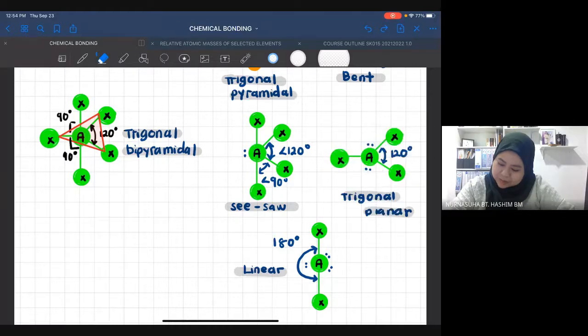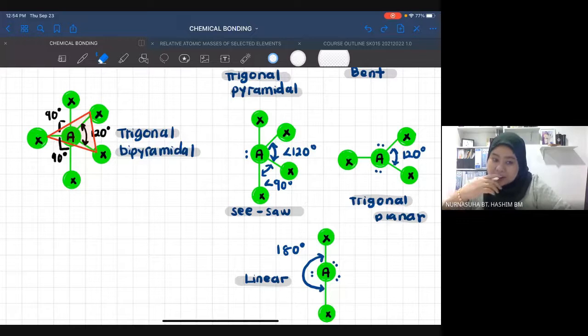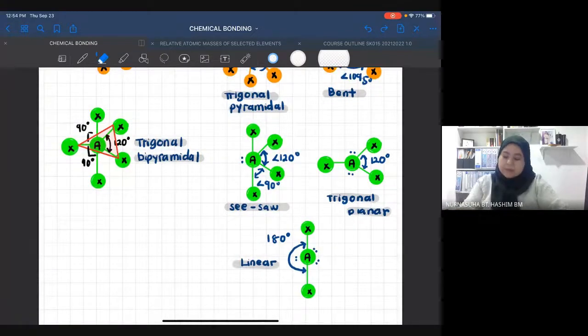Kita akan buang yang 90 degree lah sebab repulsion dia lagi tinggi. So shape dia betul lah trigonal planar.